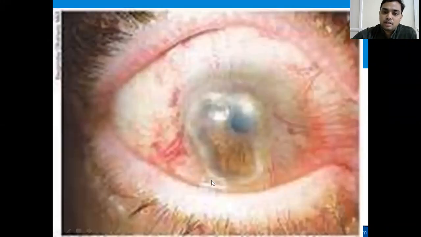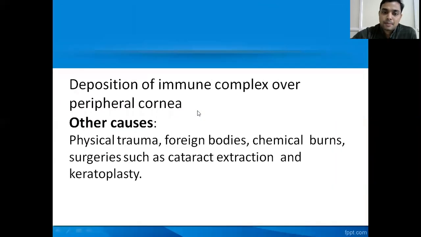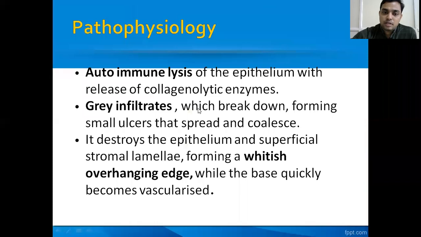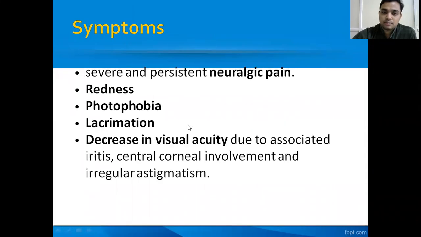So it starts as small grayish infiltrates, which lead to small superficial ulcers. These superficial ulcers unite with the white overhanging edges. It is an autoimmune disorder, the immunolysis of the epithelium by collagenolytic enzymes.